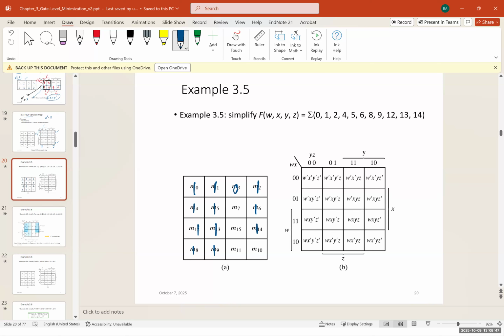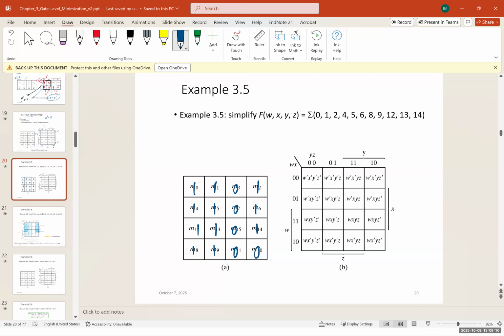So M3 is 0, M7 is 0, M15 is 0, M11 is 0, and M10 is 0. And in most cases, we don't even write zeros because we don't need to. But this is our table, and we want to simplify f of w, x, y, and z.